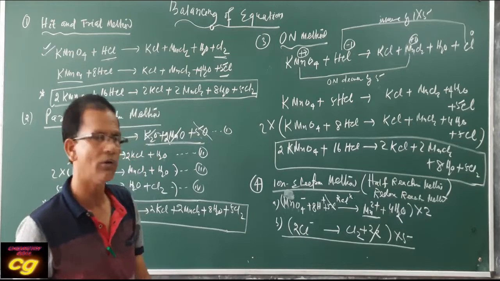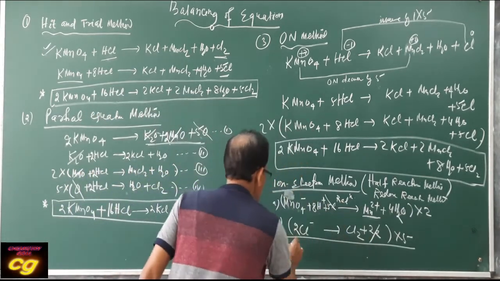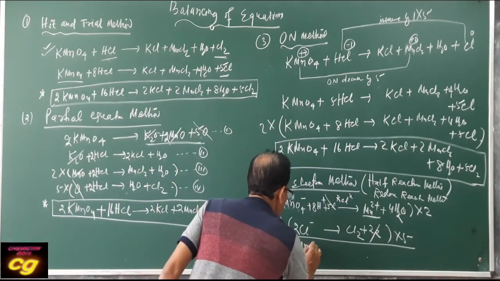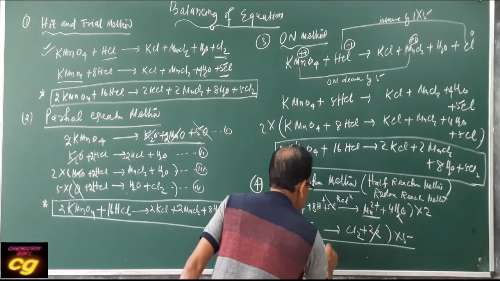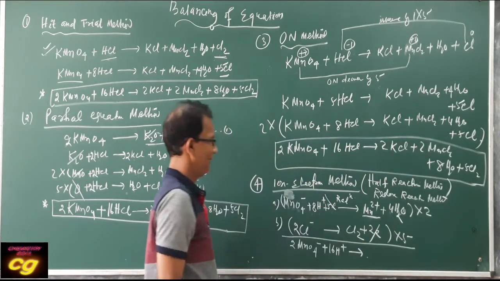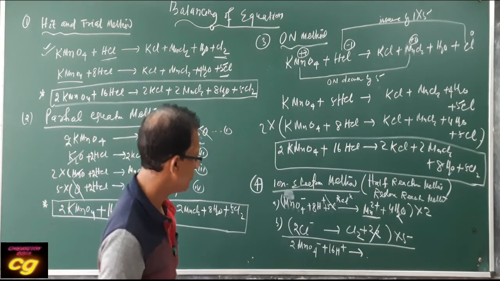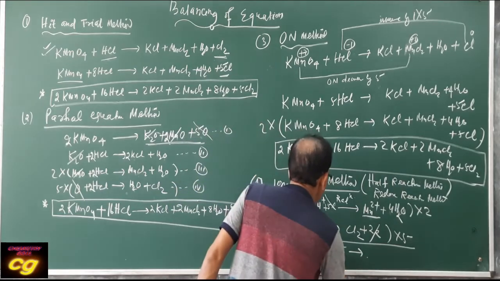Now you add all species on the reactant side. Here 2 is multiplied, so 2 MnO4 minus, then 16H plus, and then 10 Cl minus.